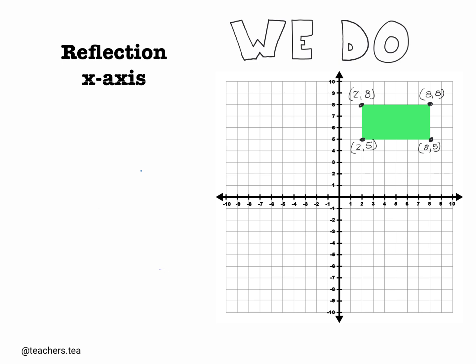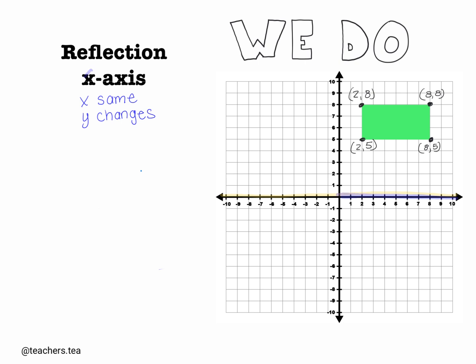Okay, this time, make sure that you have a Cartesian plane to work on, a laminated one that you're using a whiteboard or a piece of paper that you can use pencils on. And I'm going to ask you to go ahead, pause the video, and get this shape on your grid with the coordinates written down. Okay, now that you're ready with this shape and the coordinates written down, you are going to reflect this shape over the x-axis right here, okay?